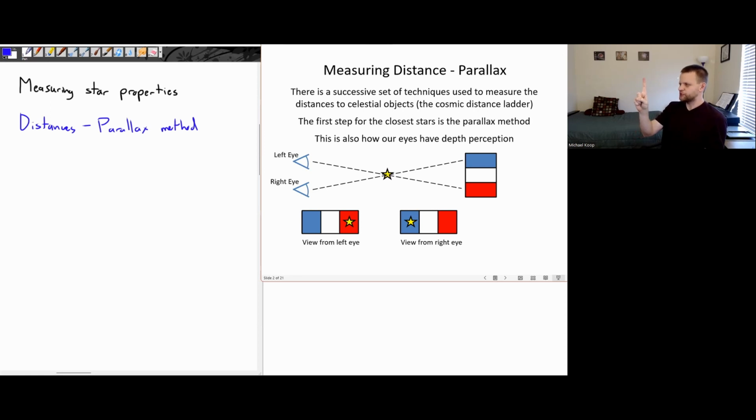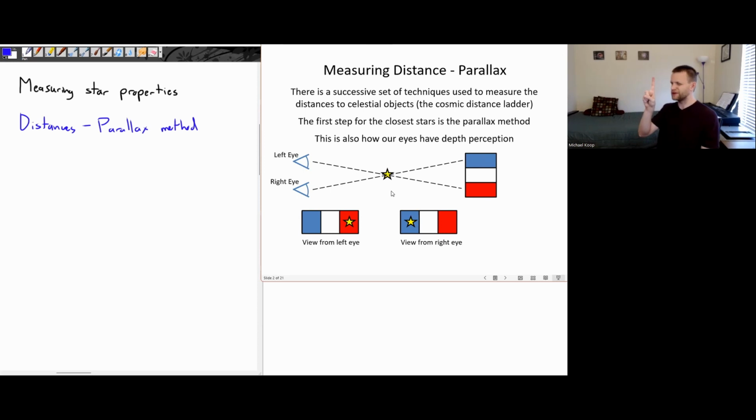And then switch eyes and go back and forth between looking at your finger using your two eyes. And you'll notice that when you switch eyes, your finger seems to jump compared to the background objects that you're looking at. Again, from one eye, it might look like it's in front of one part of the distant object. Through my other eye, it's going to look like it's in front of a different part of that distant object.